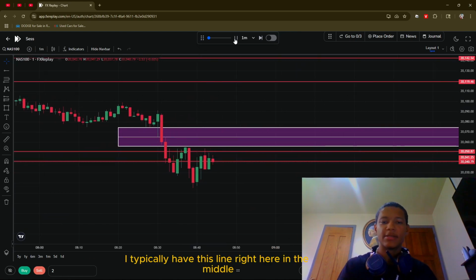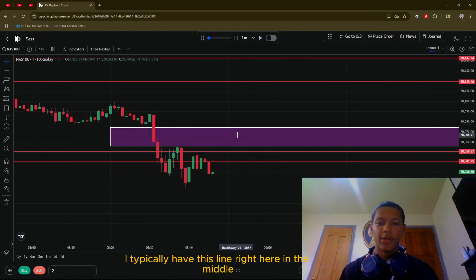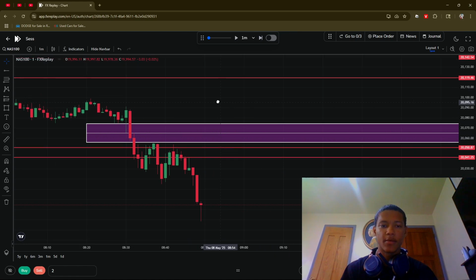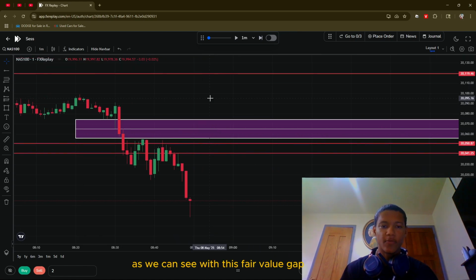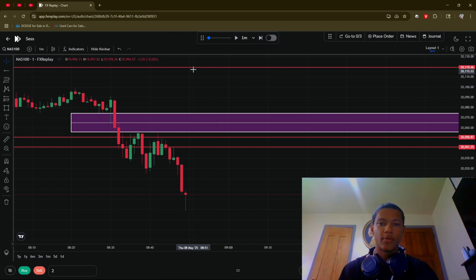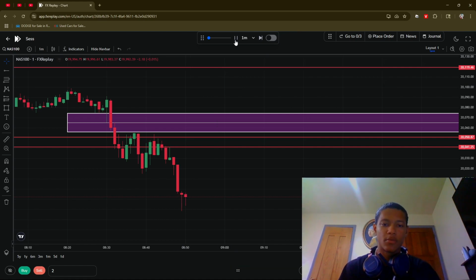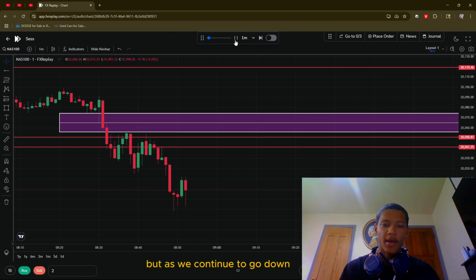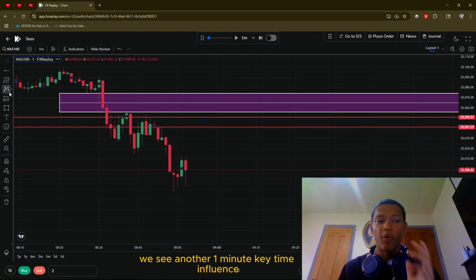Now I typically have this line right here in the middle to understand equilibrium and where it's going. As we can see with this fair value gap, it's continuing its downtrend. But as we continue to go down, we see another 1 minute key time confluence, another fair value gap.